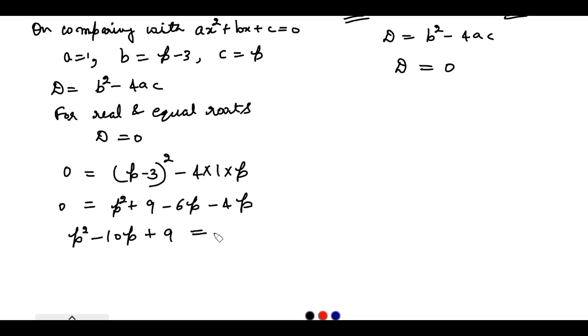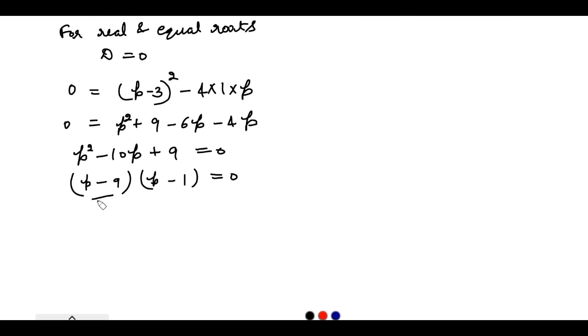This gives a quadratic equation in P; find the value of P. If P minus 9 is equal to 0, then P is equal to 9. If the other factor is 0, then P is equal to 1. Means for equal and real roots, P is equal to 9 or 1.